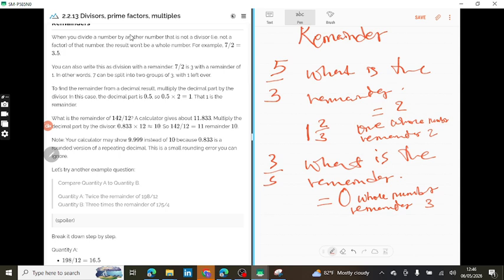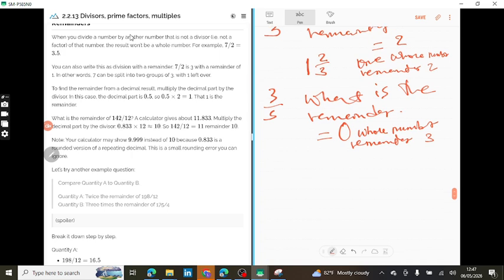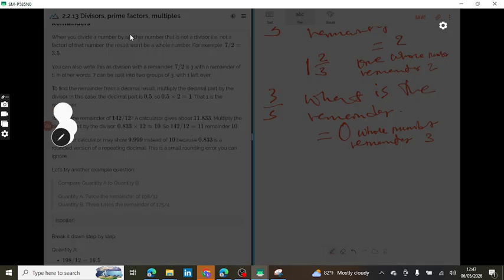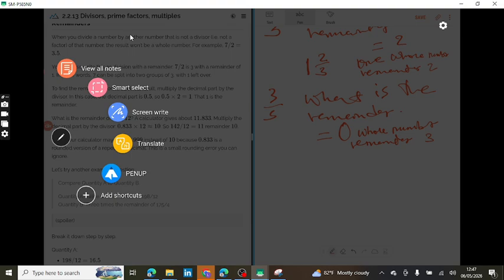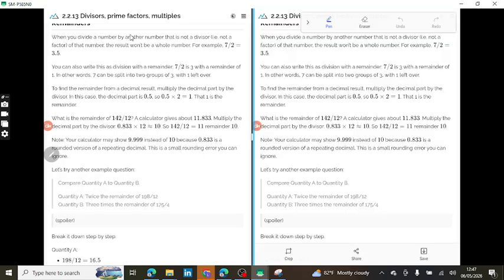With a calculator, how will you quickly do this? Let's do it together. If you want to quickly find this, what will you do?